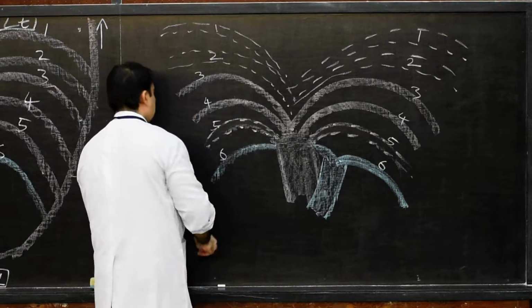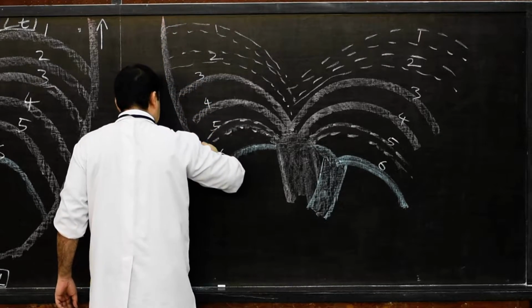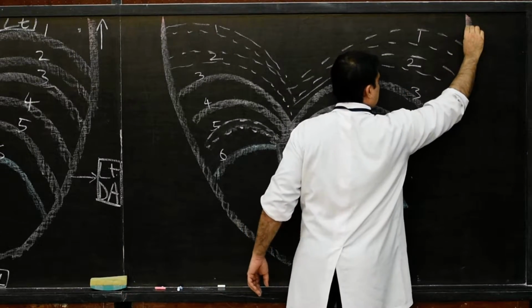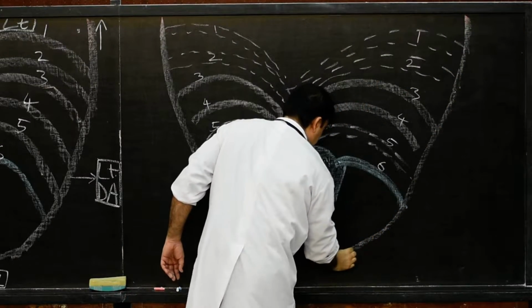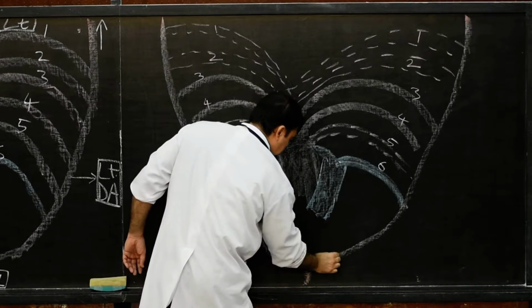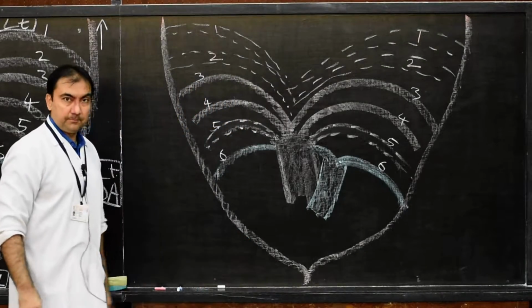Now dorsal aorta, we start with this diagram. Here also right as well as left, both will join here. So both are joining to form a single dorsal aorta.